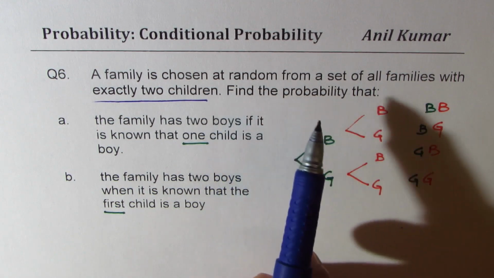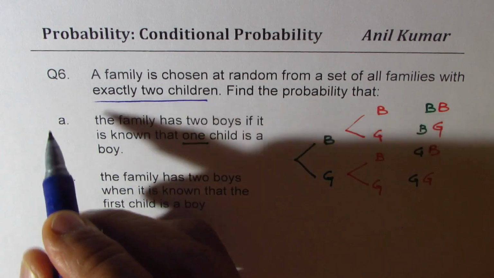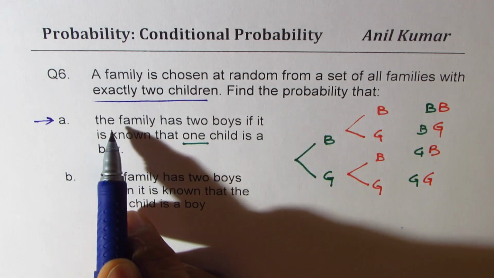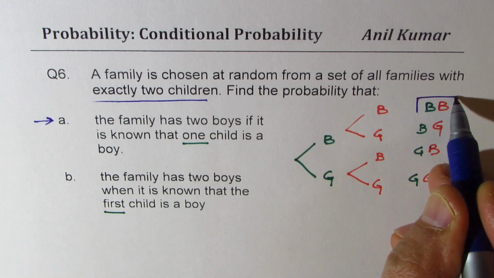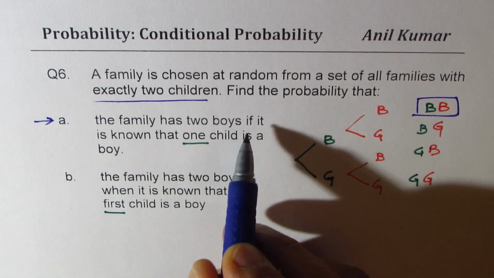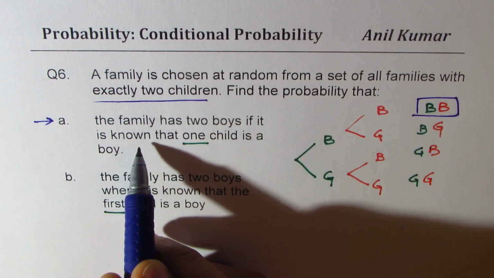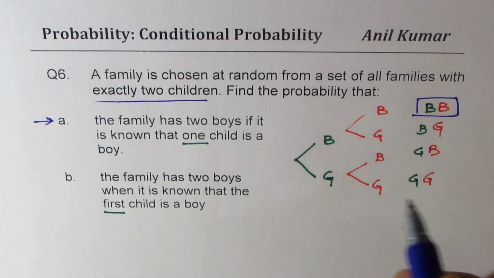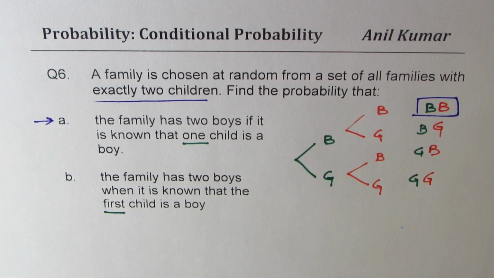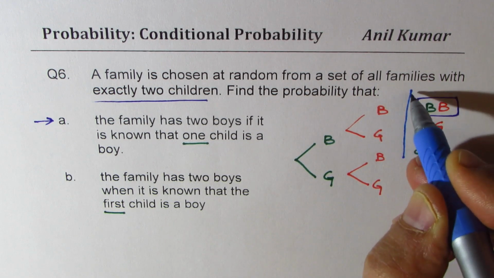Now we need to find the probability that, case A, let's take this. The family has 2 boys if, so we are looking for 2 boys, which is only one combination here, if it is known that one child is a boy. So out of how many? Out of 3, right?